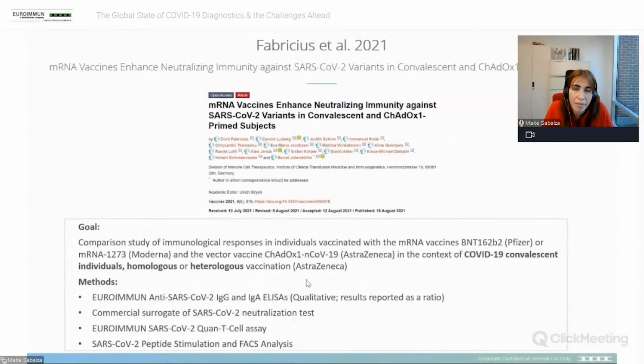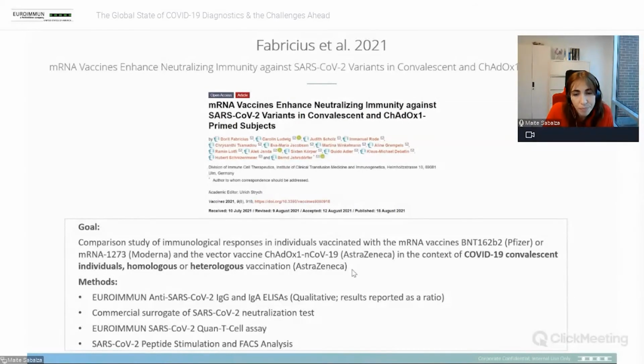And this is very relevant for the US because yesterday the FDA authorized a heterologous booster dose, meaning that we can mix different vaccines that are authorized in the US for the booster. In Europe, it has been authorized for many months.